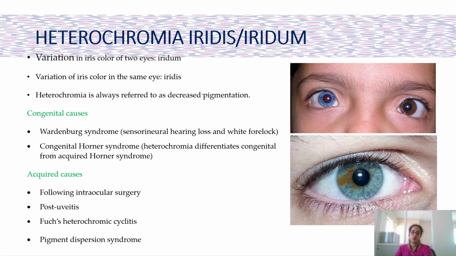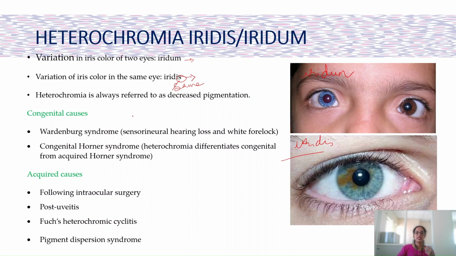Coming to heterochromia, this is a common occurrence that you see. Variation in iris color between the two irides is termed heterochromia iridum, and variation of iris colors in the same eye is termed heterochromia iridis. You can remember iridis has an S, so it is the same eye. The first picture is that of heterochromia iridum, and the second picture is of heterochromia iridis.